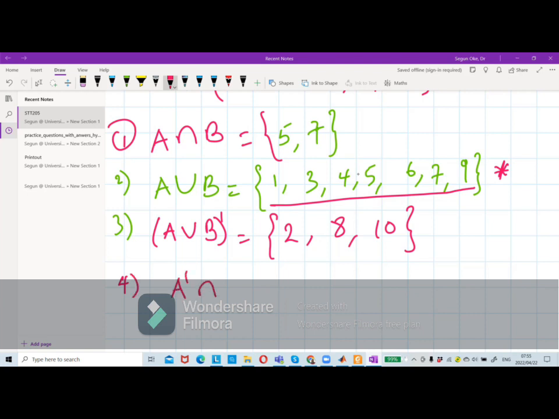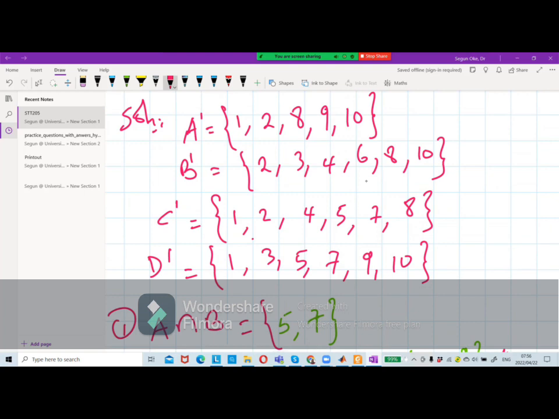So number 4, A prime intersection C prime. Let's go to A prime. We've done that. We have A prime here. We have C prime here. What are the common elements between the two? A prime intersection C prime. So let's look at them. We have 1, 1, 2, 2.